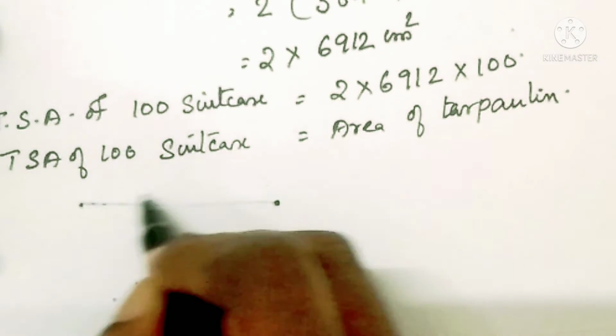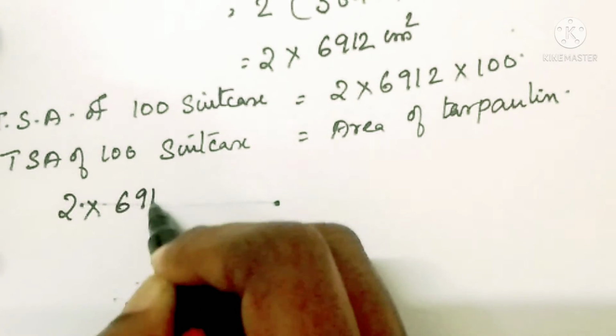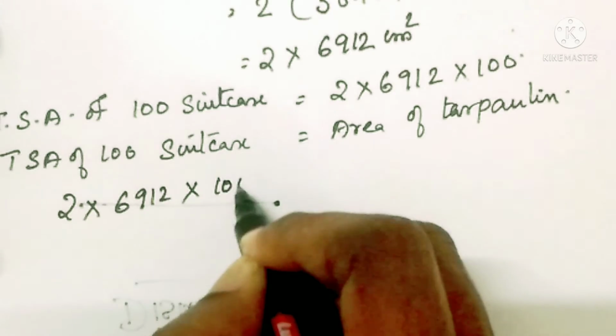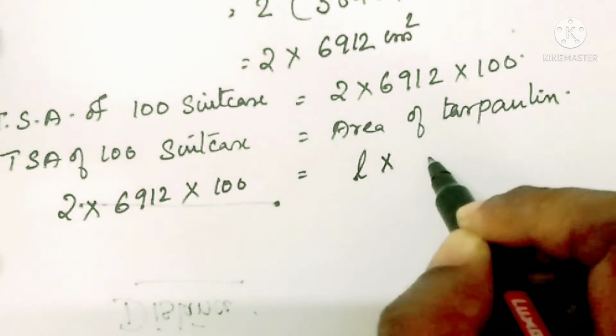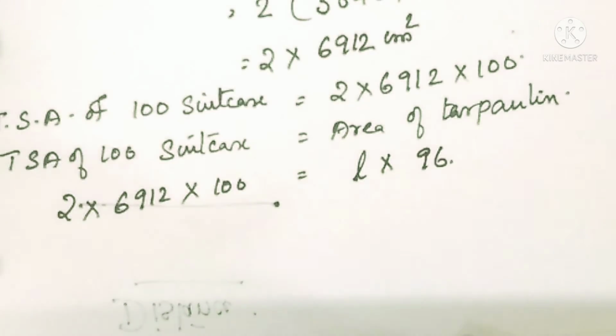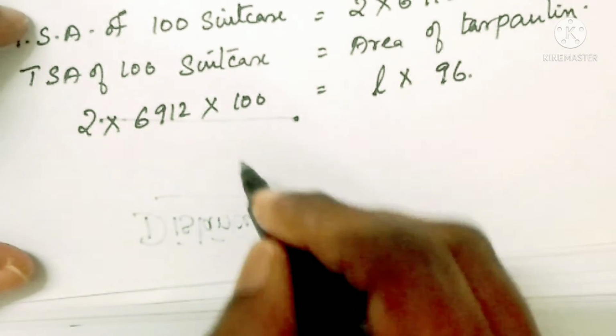Okay, now area of suitcase you got 2 into 6912 into 100, and here length we don't know, breadth is given 96, and we need to find out the length. So how will you find out?